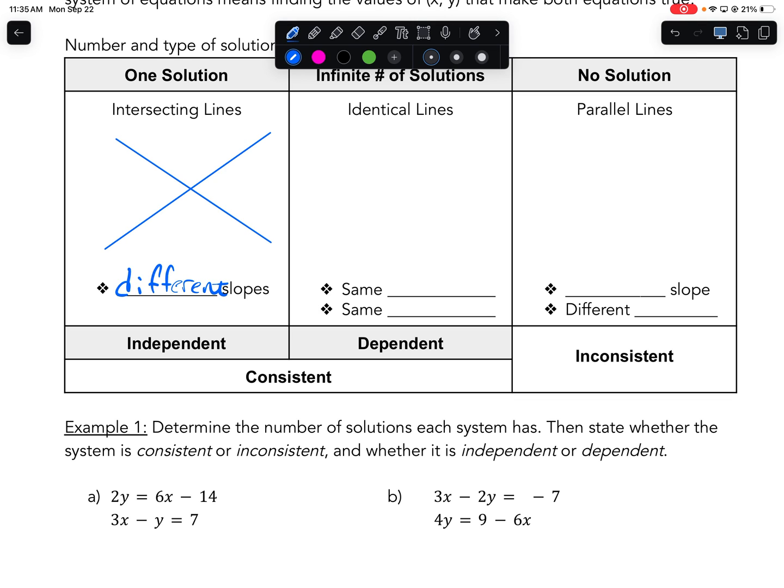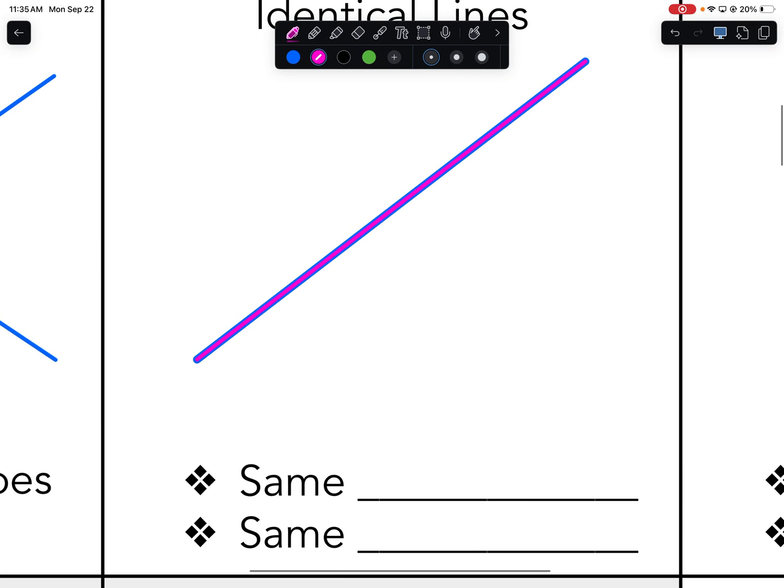Just Algebra 2. Then we can also have identical lines. So let's say we had a line like that, and then we had a line like this. So 2 lines in the exact same place, right?